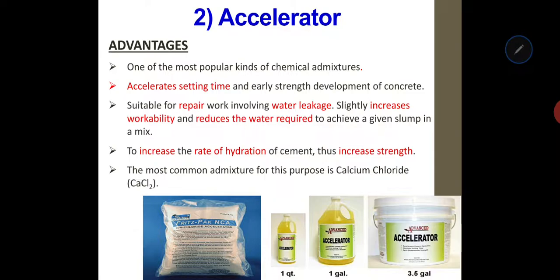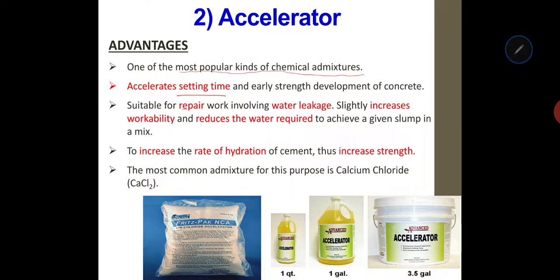Okay, next in terms of admixture is the accelerator. The advantage is it is the most popular kind of chemical admixture. Okay, why? Because they need to set the concrete earlier, so they put in accelerator.